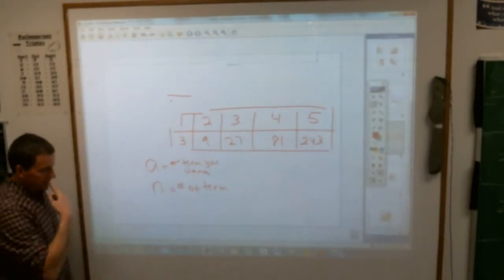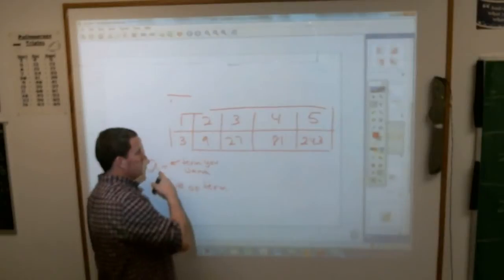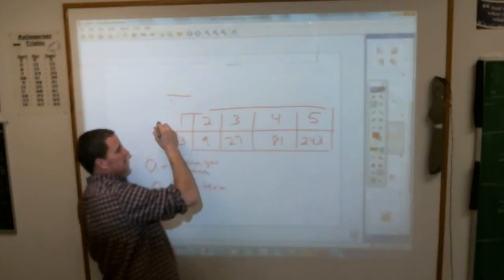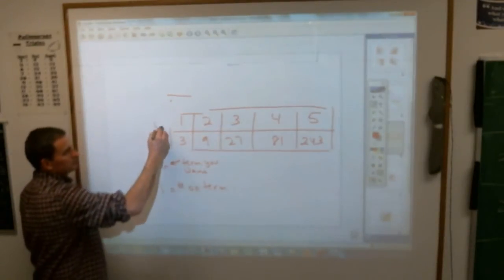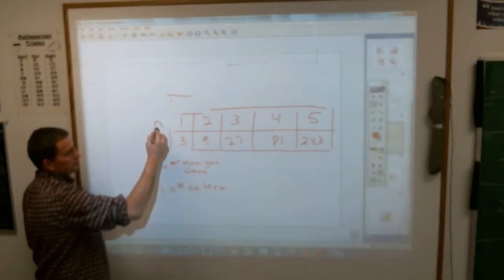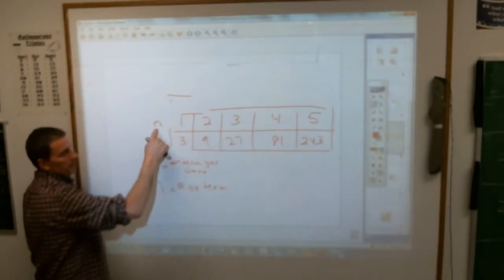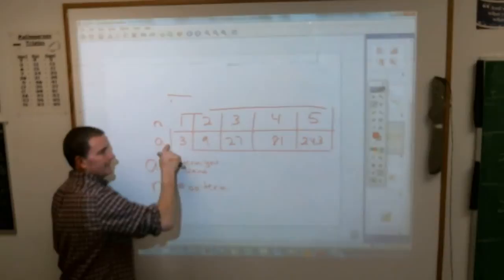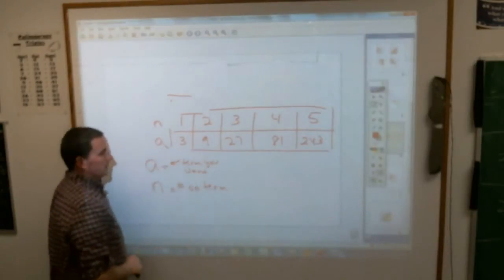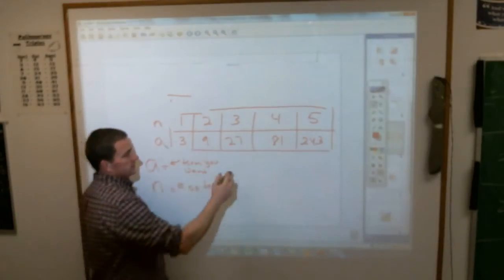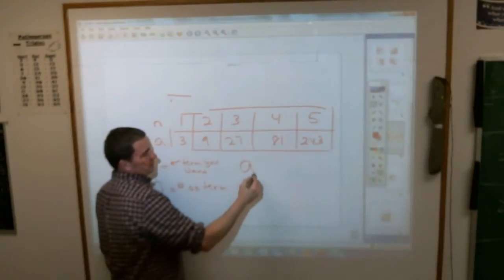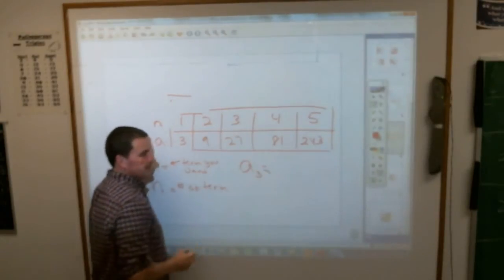In other words, this. If I just gave this to you, because A can be any of these, N is the number of the term, A is the answer you get. We do something like this: A to the subscript 3.